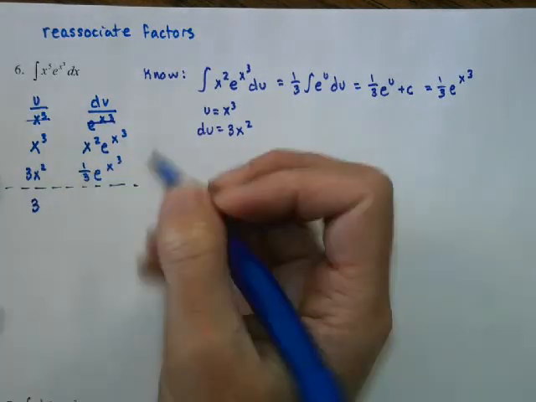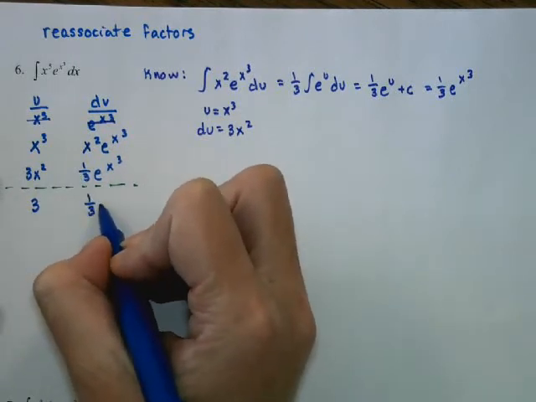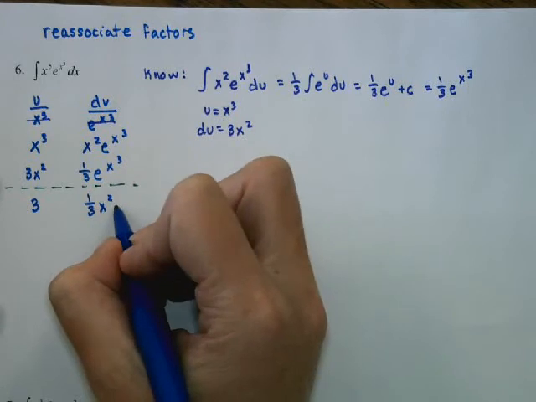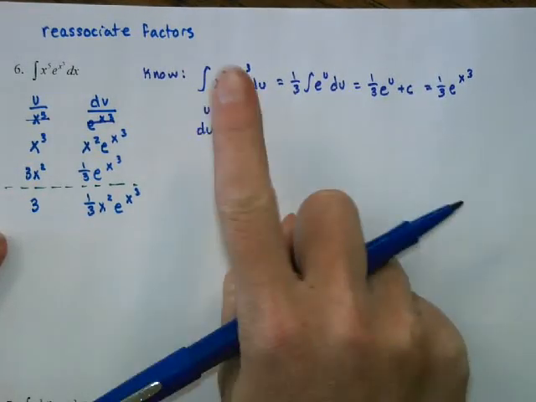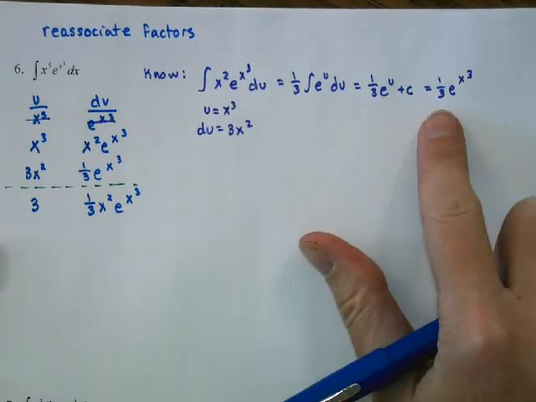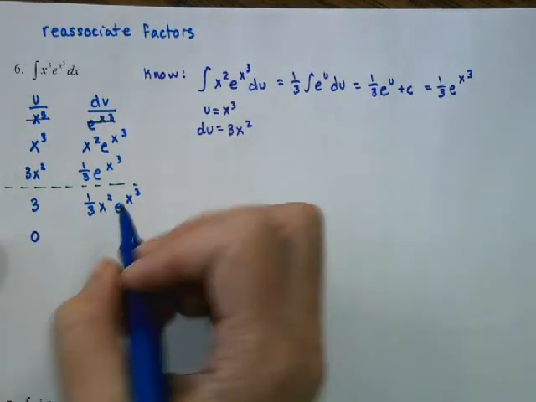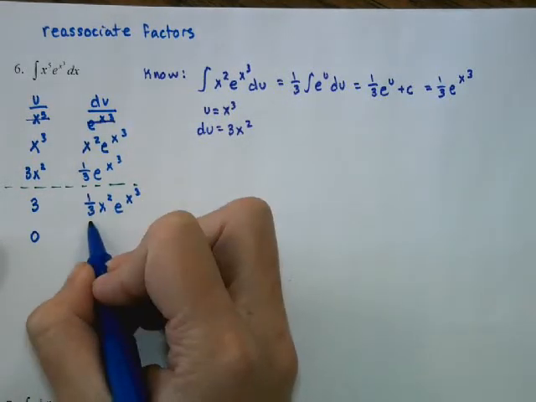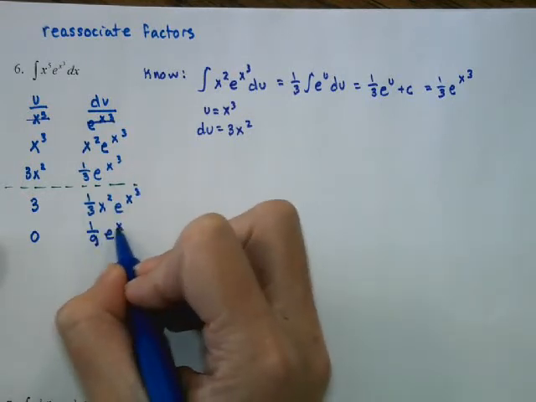So this is going to be 3, and I'm moving the x squared over here. So this is going to be 1/3 x squared e to the x cubed. So this is the same integral just times 1/3. So our result will be the same, just times 1/3. So our derivative here is going to be 0. My integral here is going to be 1/9 e to the x cubed.